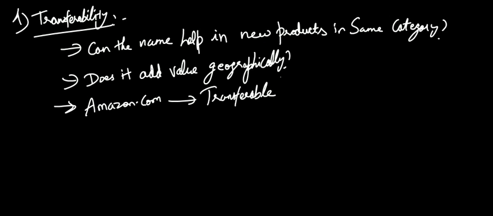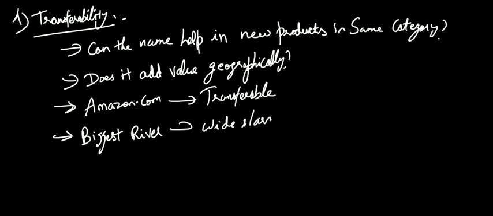And Amazon is transferable because it is one of the world's biggest rivers, which gives a meaning like it has a wide and large variety of goods. So it gives the same meaning across boundaries, not only in a single market.